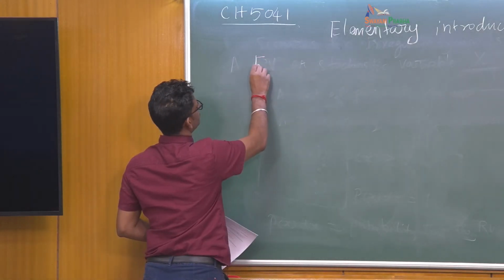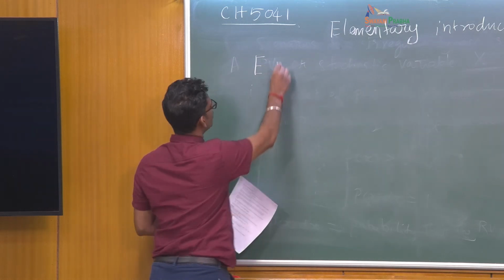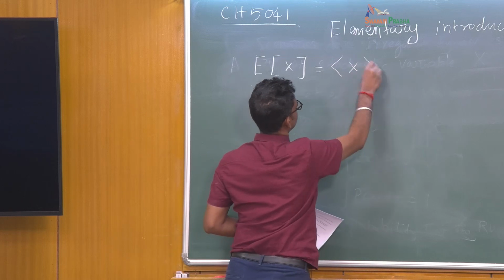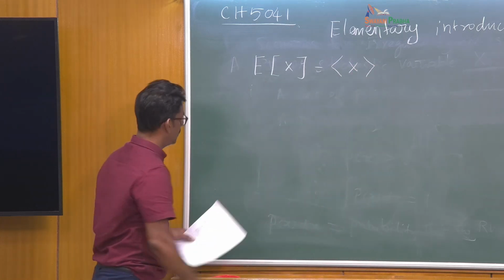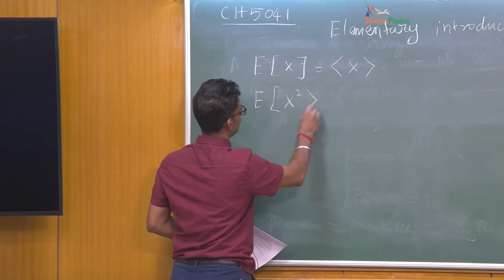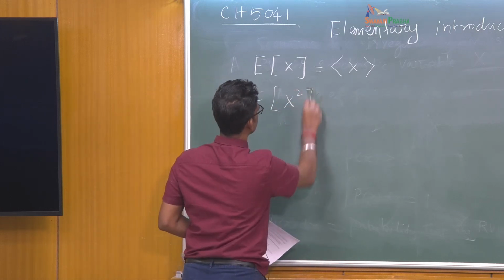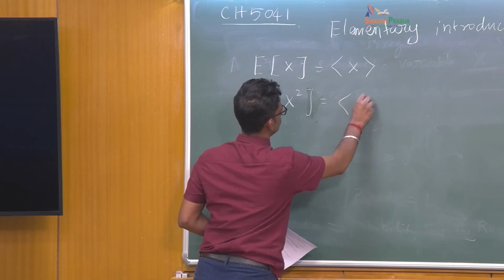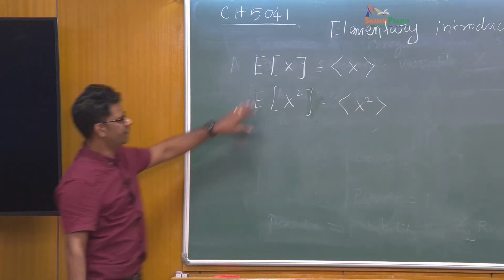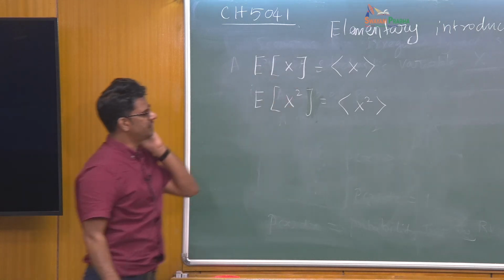Sometimes we also write this expectation value as E of x, okay. So this is nothing but the mean, and the expectation of x square is the mean square, okay. This is another way of writing the expectations and moments.